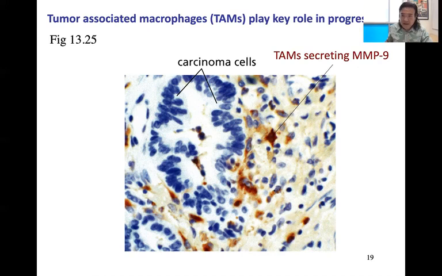These immune cells are being fooled into thinking, oh, this is a wound that we need to now remodel the stroma. And so these TAMs, or tumor-associated macrophages, are secreting a lot of these matrix metalloproteinase enzymes that are basically now remodeling the surrounding stroma, ironically making it much more accommodating for the carcinoma cells to now really start expanding and growing.